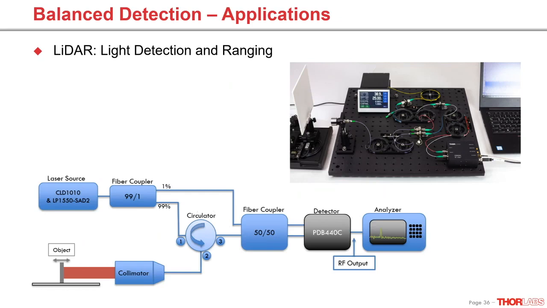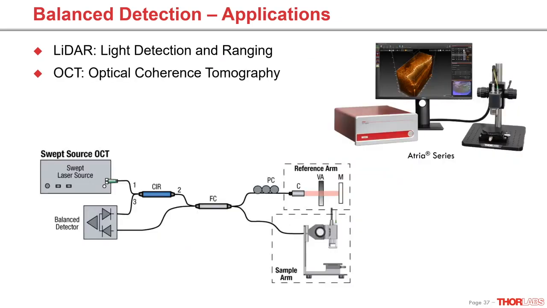Many other applications can be found in interferometric detection. In interferometers used for optical coherence tomography, one can substantially improve the noise performance with balanced detection. The balanced detectors receive the light from the two outputs of the beam splitter, where the signal beam is superimposed with a reference beam.